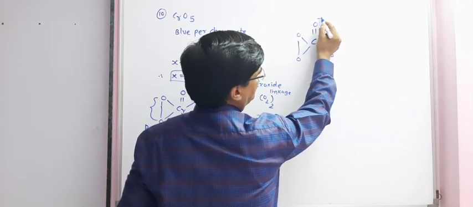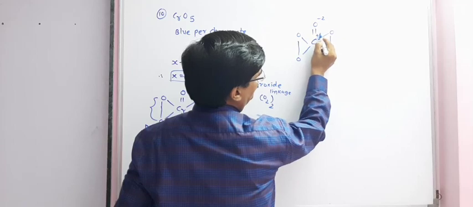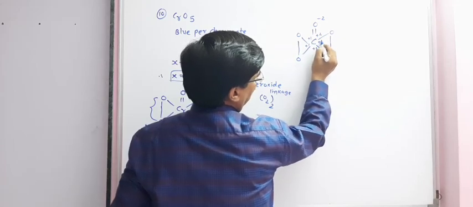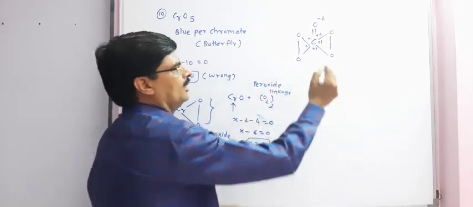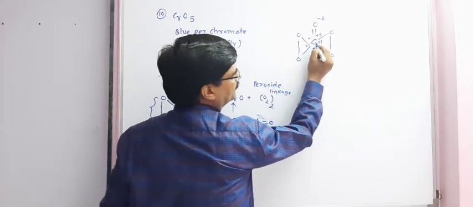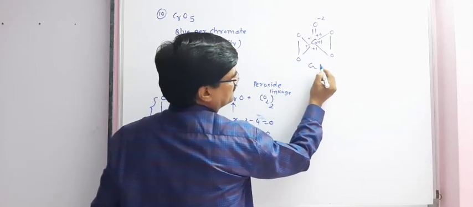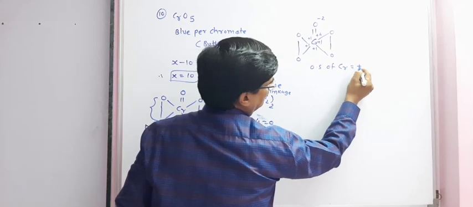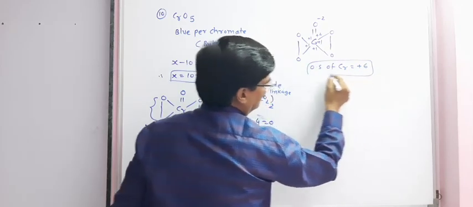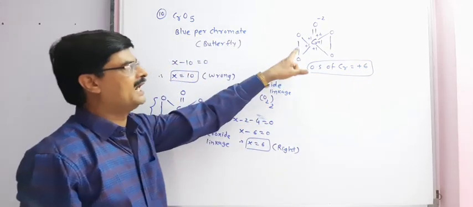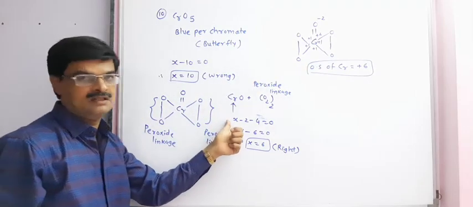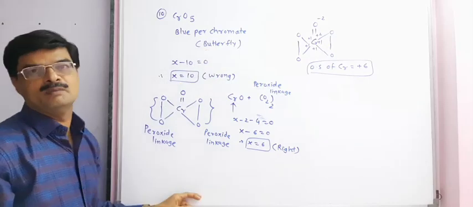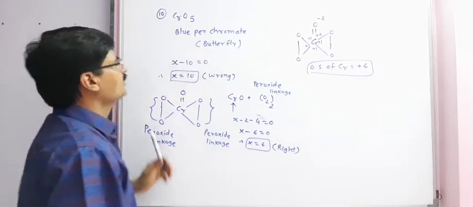But here it is minus 2, so we will get plus 2 here. Plus 1 from each. So in total we get the oxidation state of chromium to be 6. So we can find it either by using this trick method or by using the structure, but by the formula method the answer comes out to be wrong.